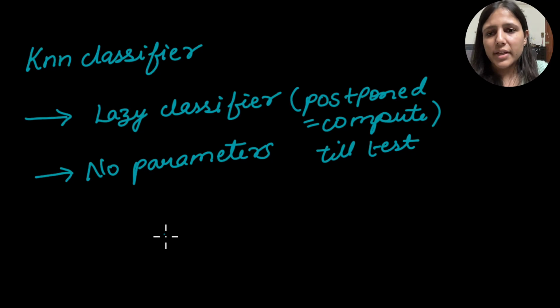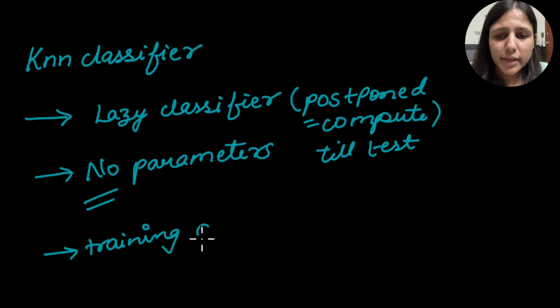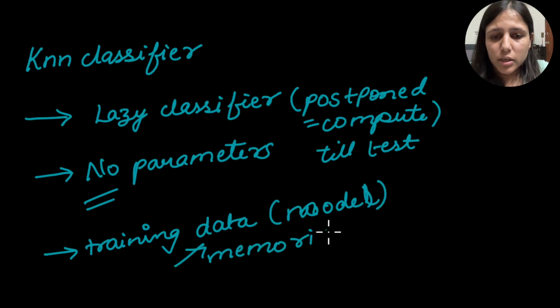But here there are no parameters involved. Your training data is learned as it is. So your training data, whatever is given, is your model. Okay, and what you do is you just memorize whatever data you had in training.